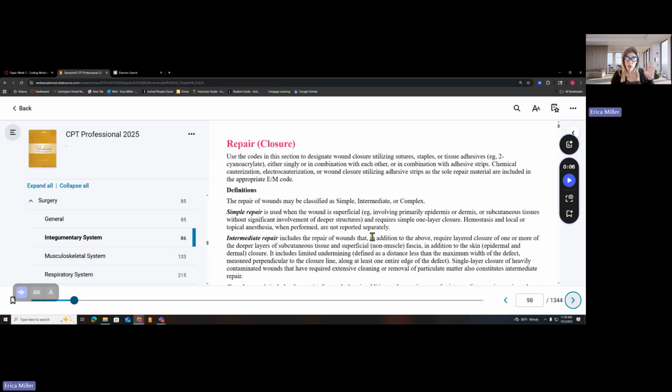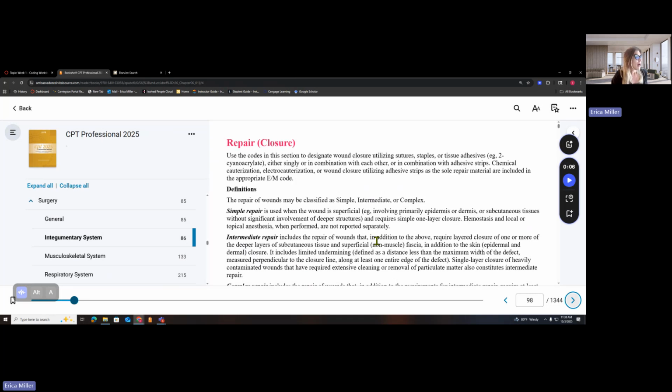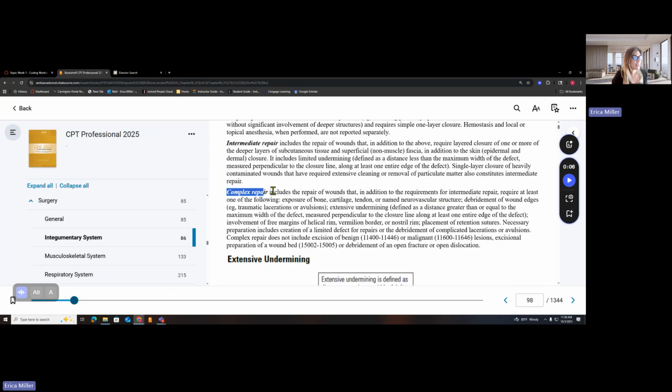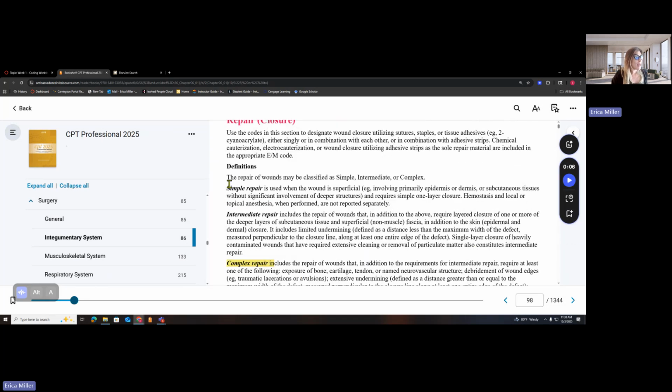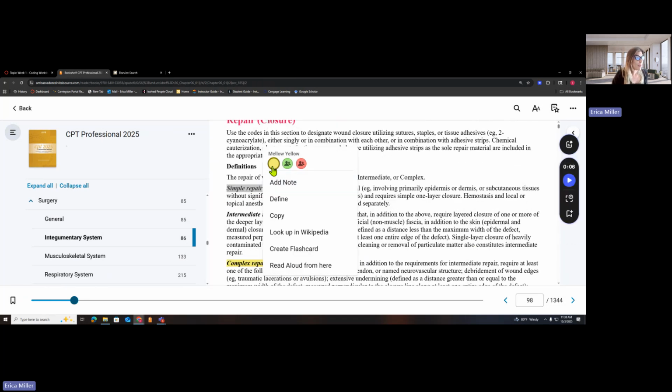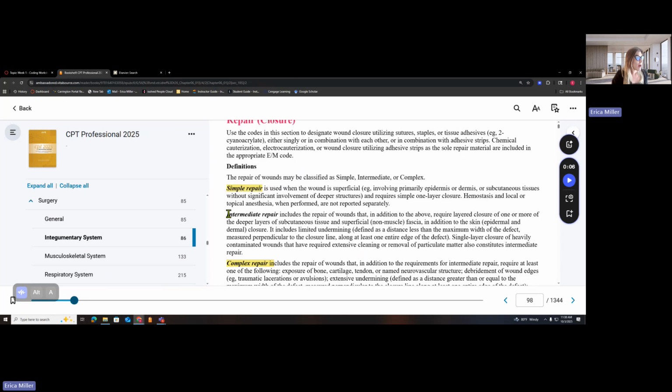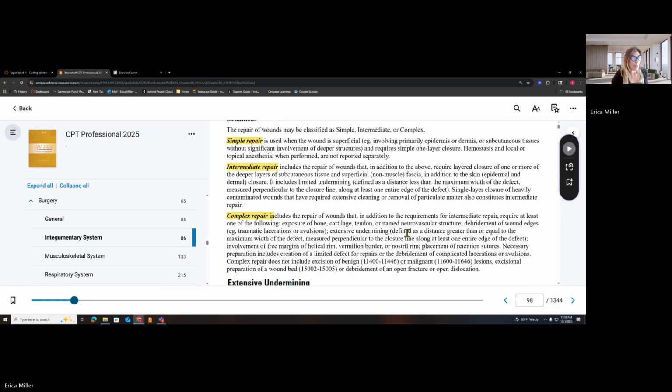So I was just talking about the laceration to the hand, and we were talking about different complexities and how it drives money, right? So there's a big difference between a simple repair, an intermediate repair, and a complex repair. And you don't have to guess. It defines what each one of those are. So when you're reading your surgical report or your provider's chart notes, you could easily identify just based off of the description of the service and then reviewing the guidelines. All right.